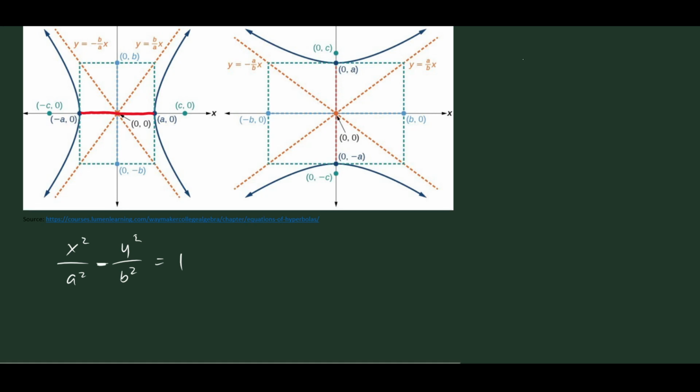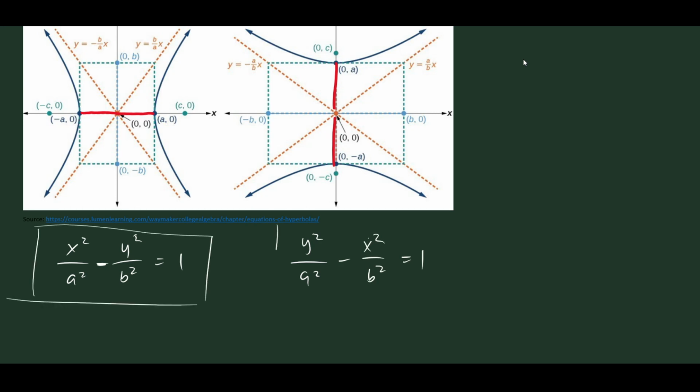If the transverse axis, on the other hand, as you can see here on the right, is on the y-axis, our standard form will change to y squared over a squared minus x squared over b squared is equal to 1. Okay, so let's take note of these two equations as we go through the examples. Let's start doing the examples, and I will see you in the next videos.